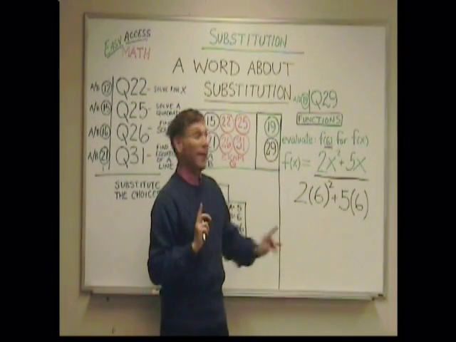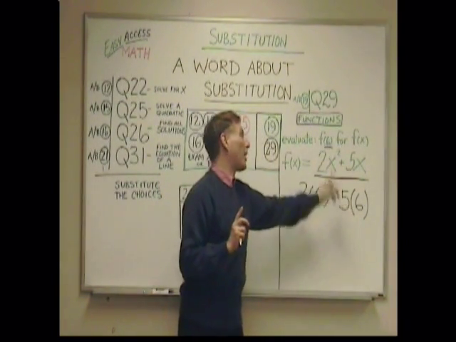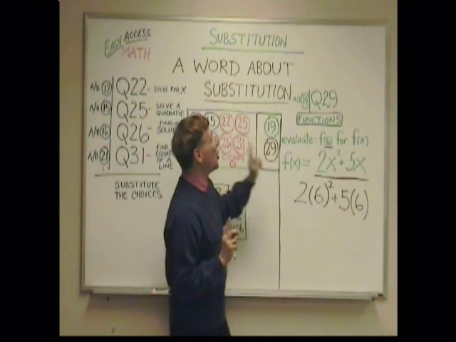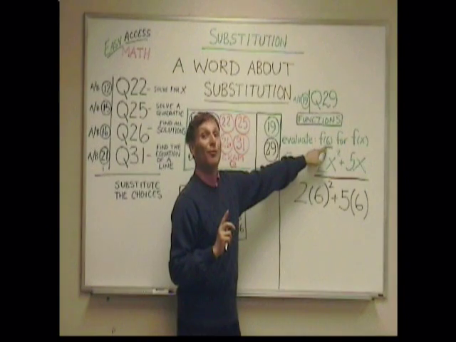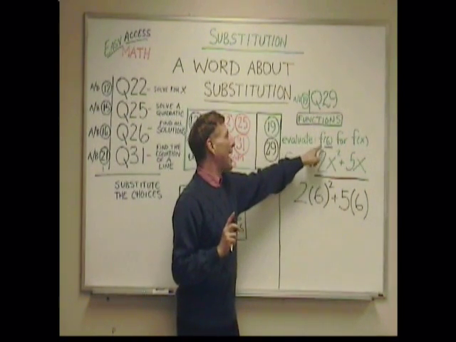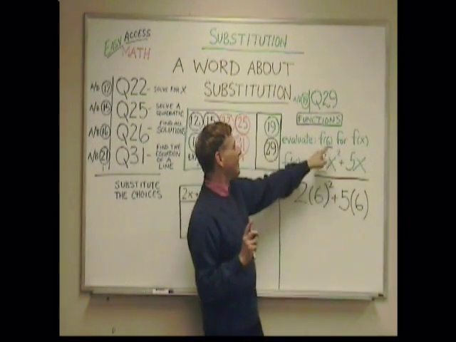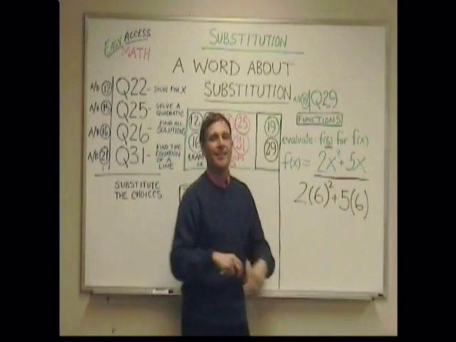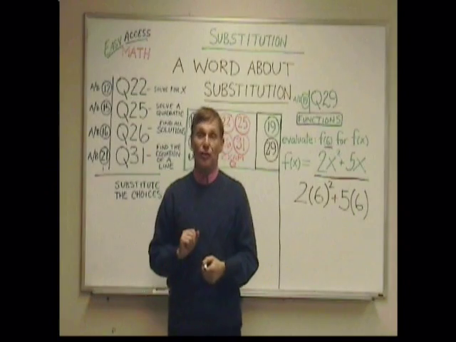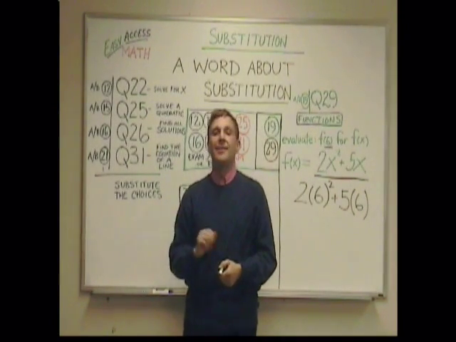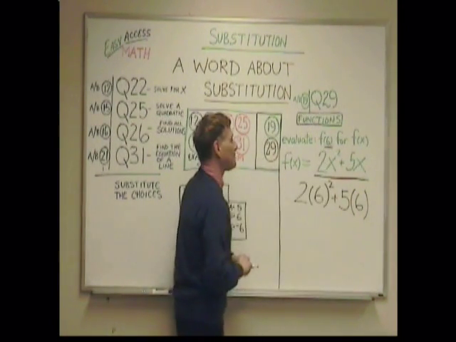One of your choices will be the answer you'll get when you substitute the number given to you in the problem in that first parenthesis. Evaluate f(6) for f(x), so the 6 replaces all the x's. 6 is the substitute for all the x's in this expression.